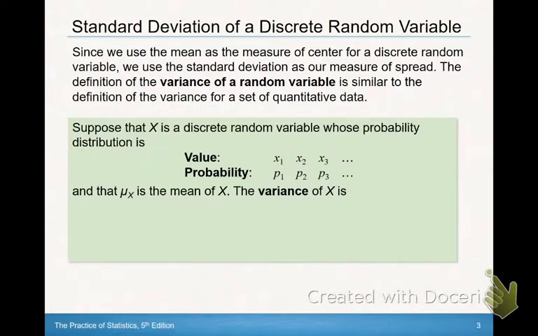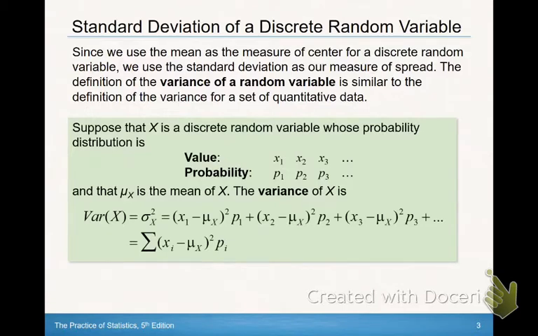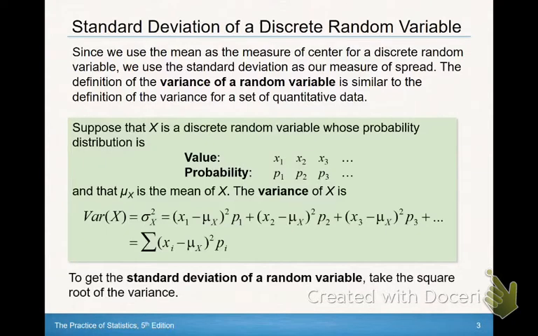The variance is, as you would suspect, the difference in x from the mean squared times the probability. So it's x minus the mean, the quantity squared, times the probability, and you add all of those up. To get the standard deviation, we just take the square root of the variance.